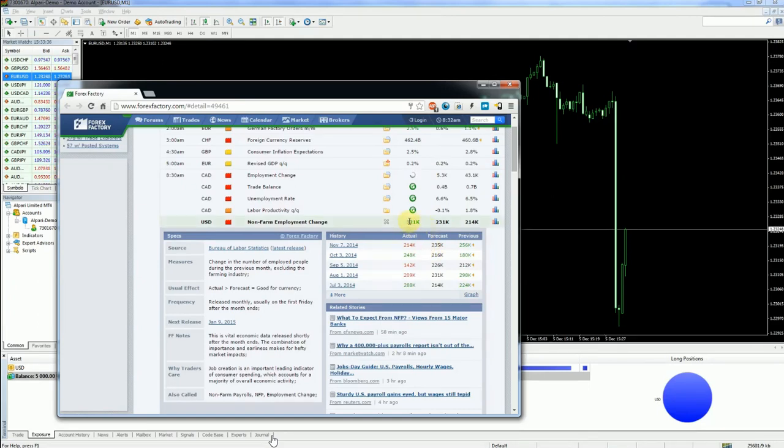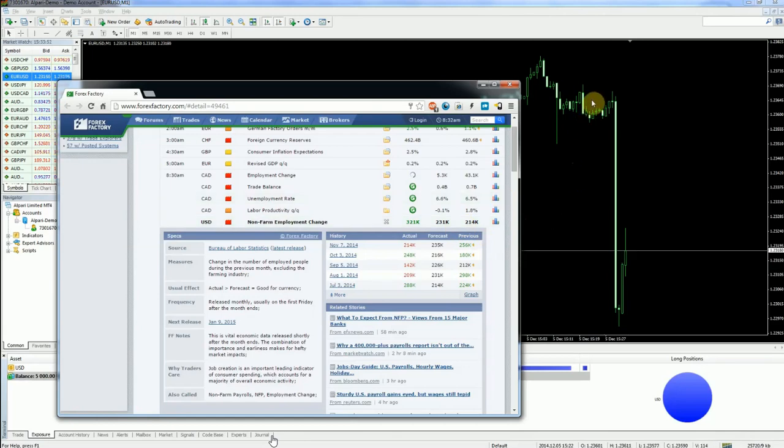This actual is much better than the forecast, nearly 100,000 better. That's nearly 50% better than the forecast. It's actually less than 50%, but much better than the forecasted value. And that's very good for the US. As you can see here, actual greater than forecast is good for the currency. So that's really good for the US dollar.